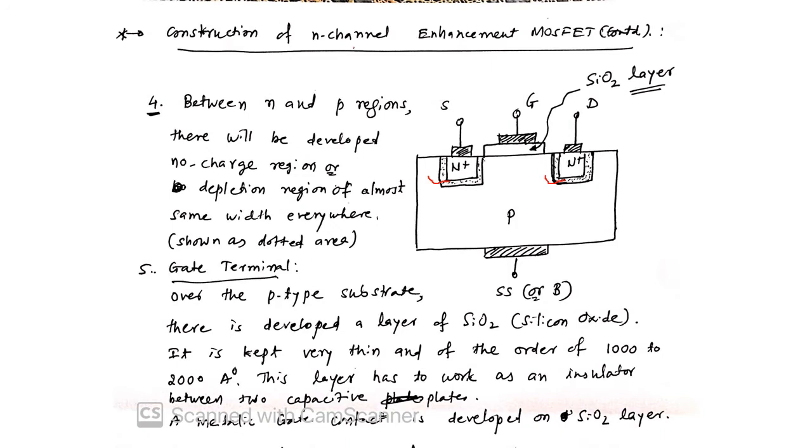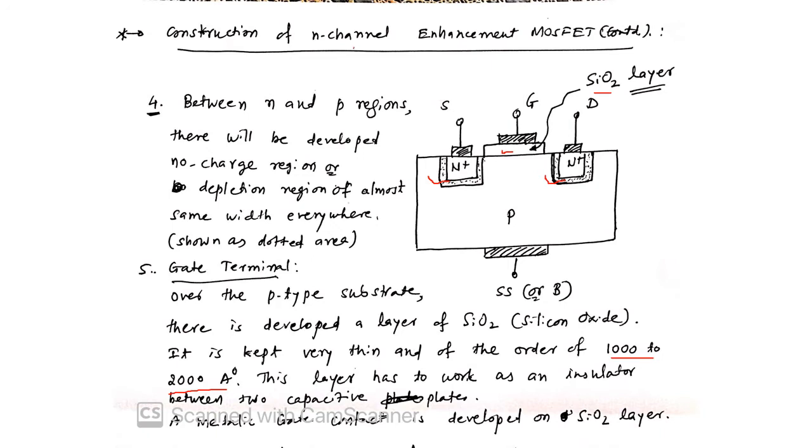One more thing is the gate terminal is developed. How is it developed? First, near the substrate, this SiO2 region layer is developed. It's a very thin layer of silicon oxide. The depth of it is kept of the order of 1000 to 2000 angstroms.